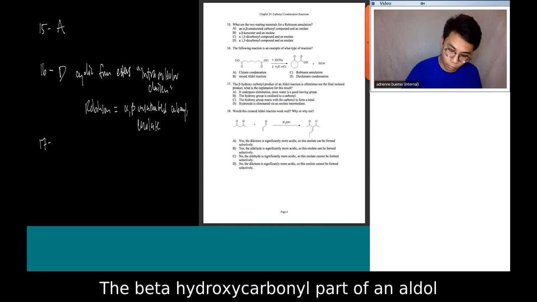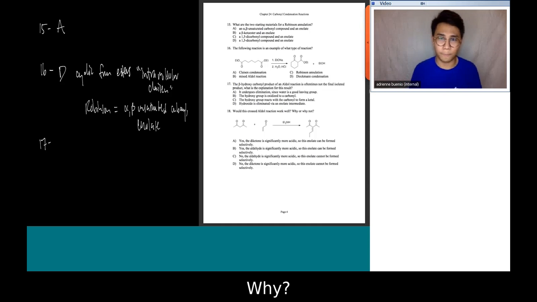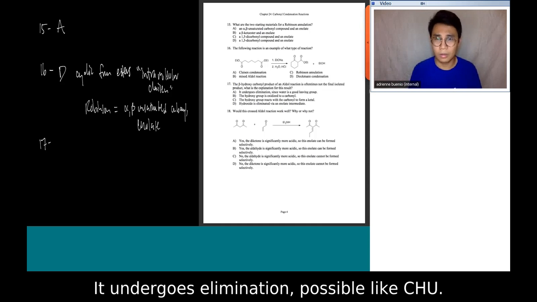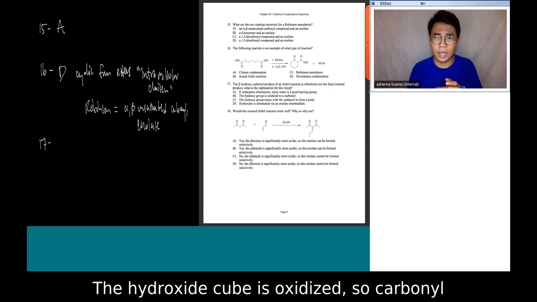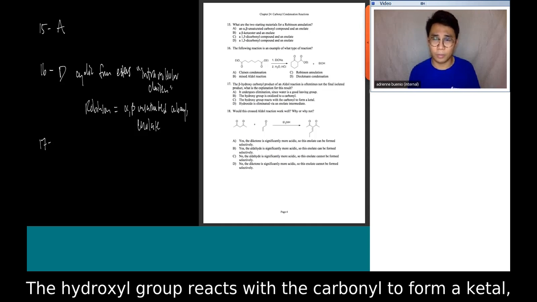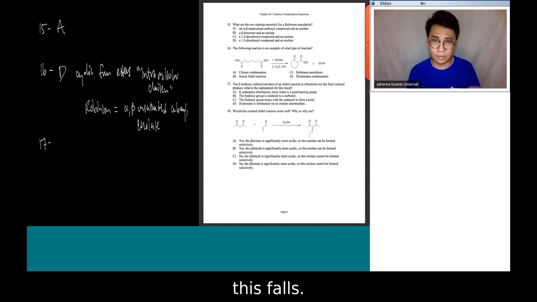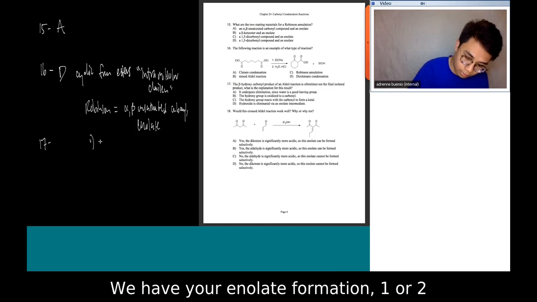17, the beta hydroxycarbonyl product of an aldol is oftentimes not isolated. Why? It undergoes elimination, true, right? Elimination. The hydroxy group is oxidized to a carbonyl, and the hydroxy group reacts with the carbonyl to form a ketal. That's false, right? Again, let's do our aldol reaction. One, enolate formation.